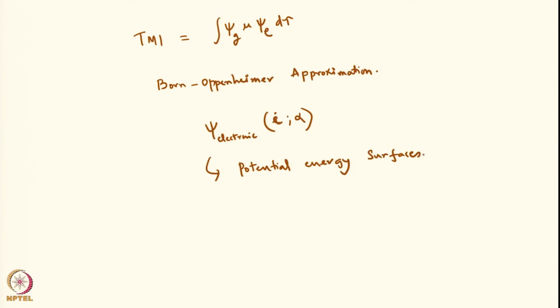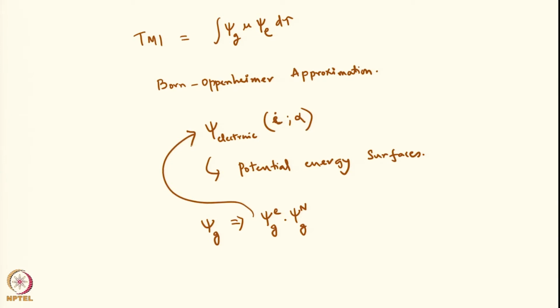Therefore, your psi g will consist of two things. This will consist of psi g electronic multiplied by psi g nuclear, and this comes out of the Born-Oppenheimer approximation.